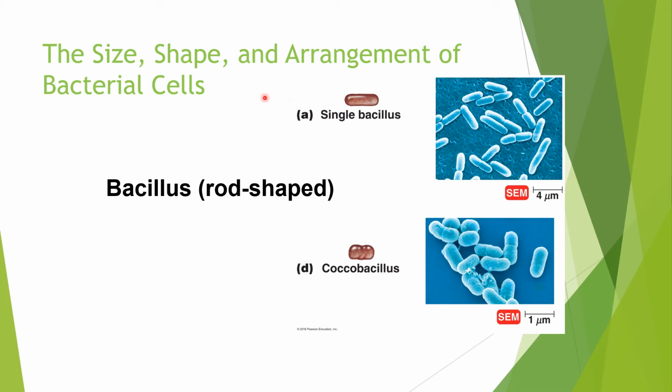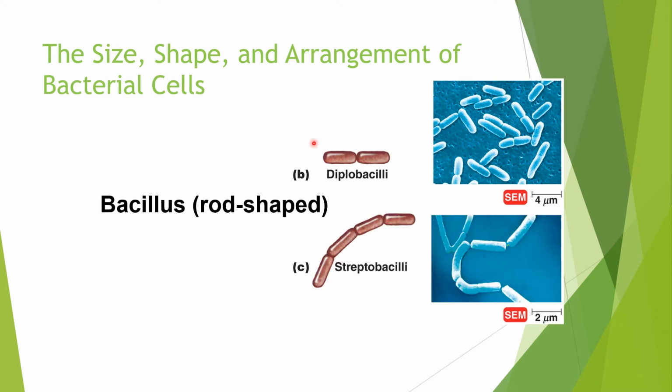If you have a chain of bacilli bacteria, you would call it streptobacilli. Some of them are known as coccobacillus because they're not totally rods, and they kind of look like coccus bacteria, but they're a bit elongated, so we call them coccobacillus. And as I said, if you have two, call it diplo. If you have a chain, it's strepto.